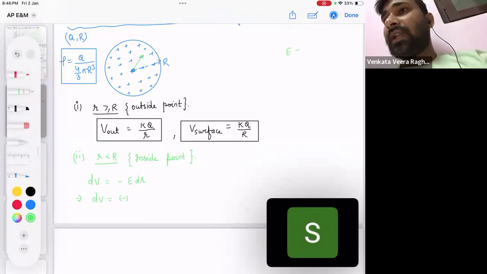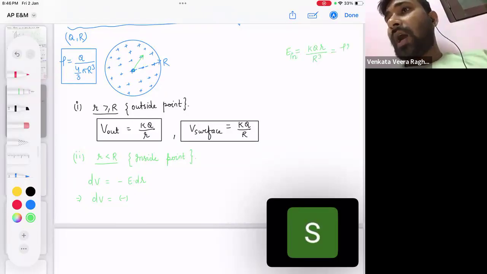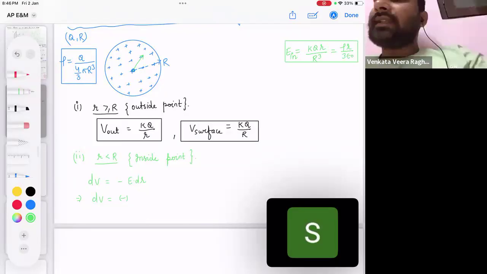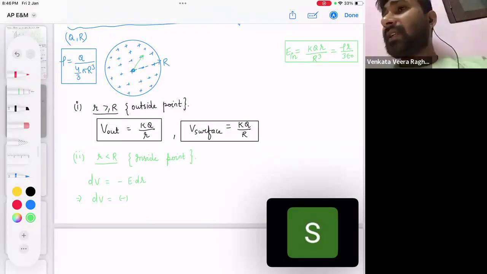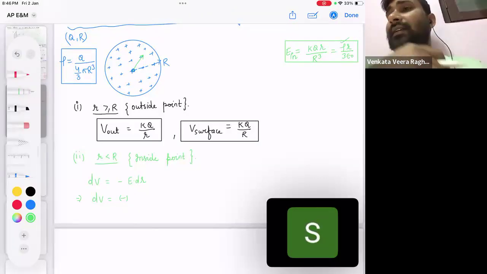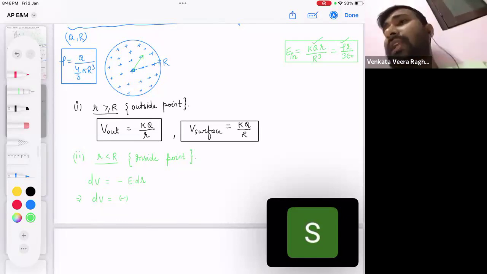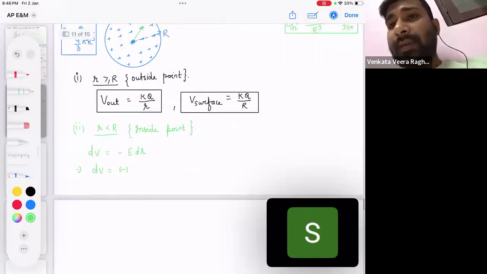The field inside a solid non-conducting sphere was kQ small r by R cube, or rho r by 3 epsilon naught. We have derived one equation using the Gauss law, and if I want to write it in terms of density, I will use rho r by 3 epsilon naught, and if I want to write it in terms of charge, then I will use capital Q and capital R, right? Out of these two, you can use any one you want. So I am going to use what?